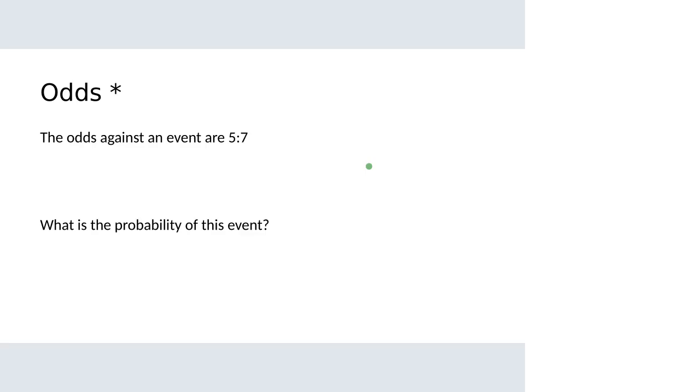You tell me what the probability must be if we know that the odds against this event are 5/7. We'll go another 15 seconds, then we'll talk through this one.